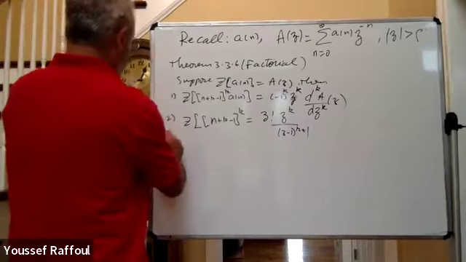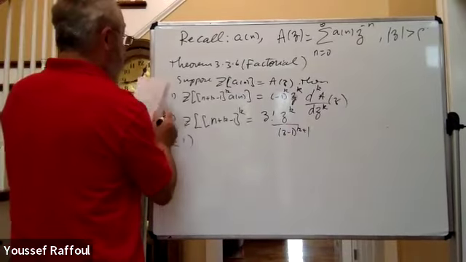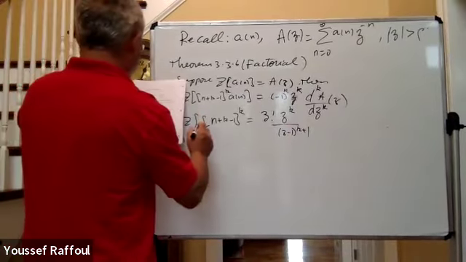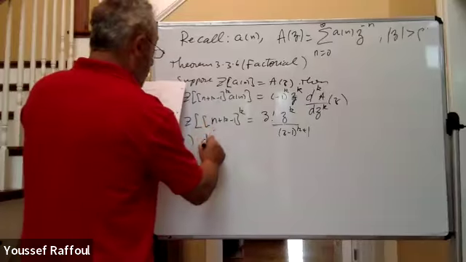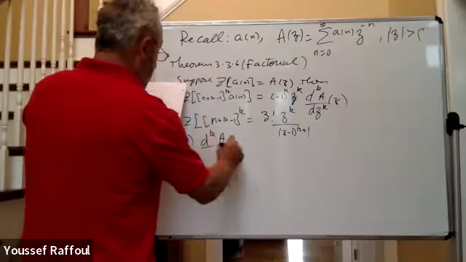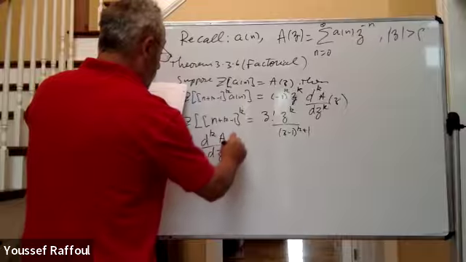Let's do the proof. Start with 1, and let's start with the definition. Let's take a look at d^k A over dz^k of z.